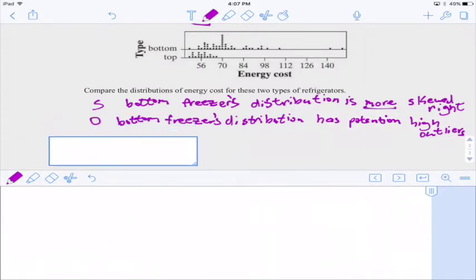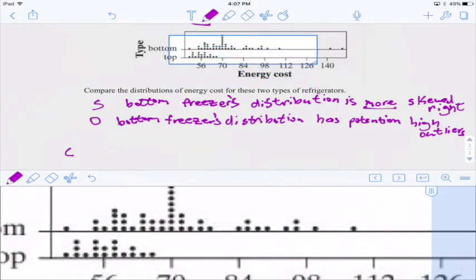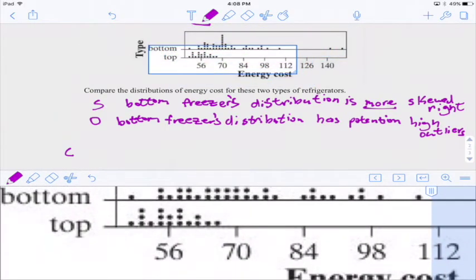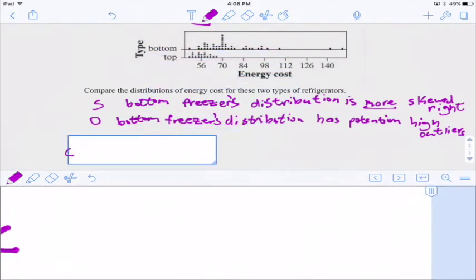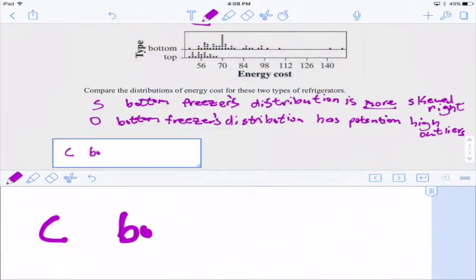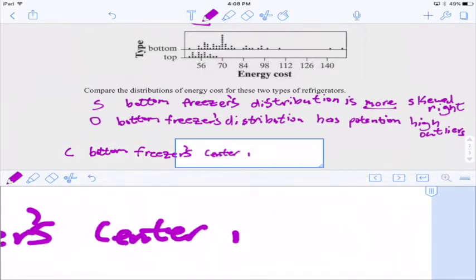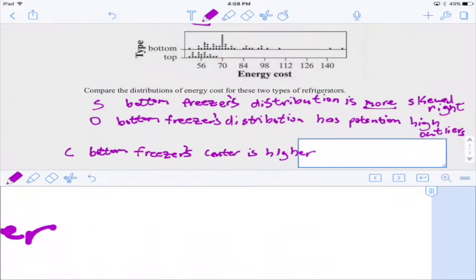Okay, and that's enough for now. C, it doesn't say find the exact center, it says compare. So the center for the bottom freezers, that middle, is higher than the center for the top freezers. So I'm going to say that. Higher, more than, just use those comparing words.